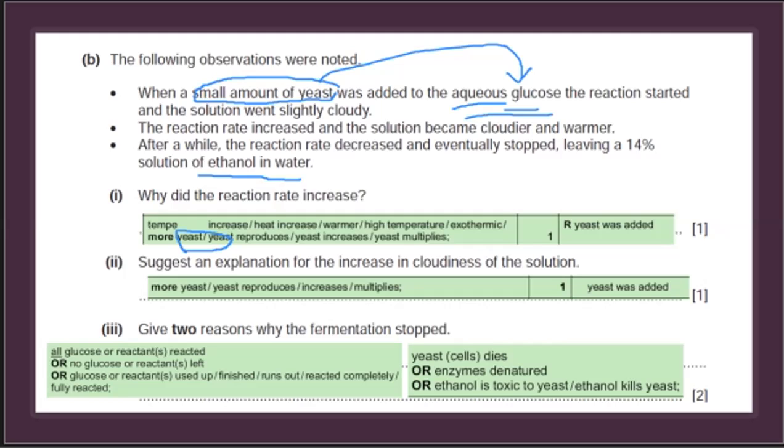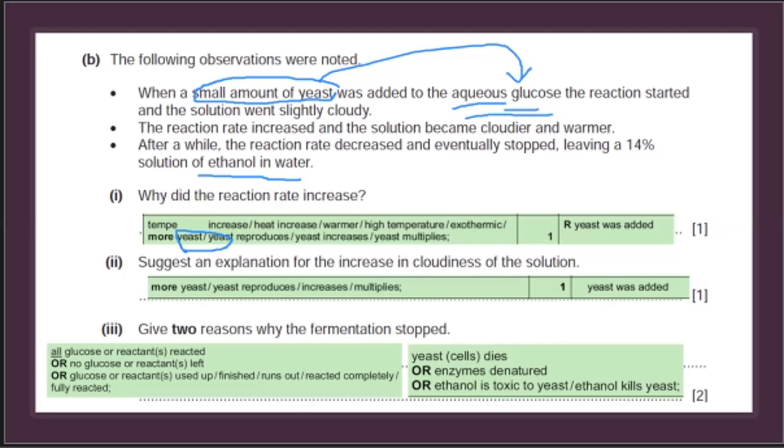So therefore, the increase in cloudiness increases at the same rate at which the ethanol would be increasing. So when ethanol increases, the carbon dioxide, that gas that is produced, is also increasing, thereby increasing the cloudiness of the solution that is being formed.